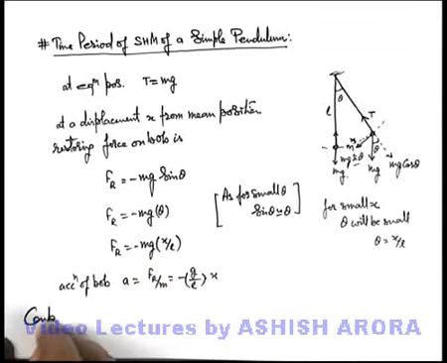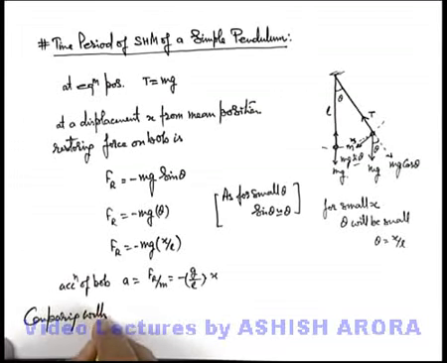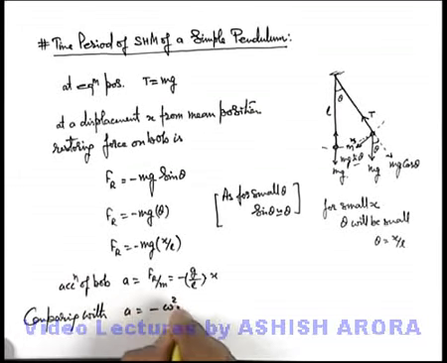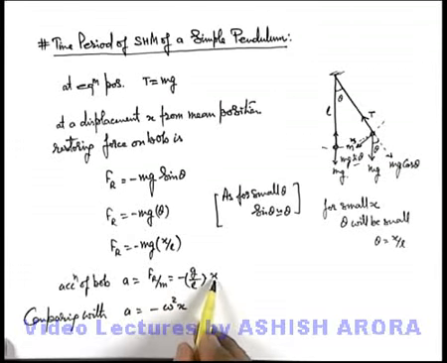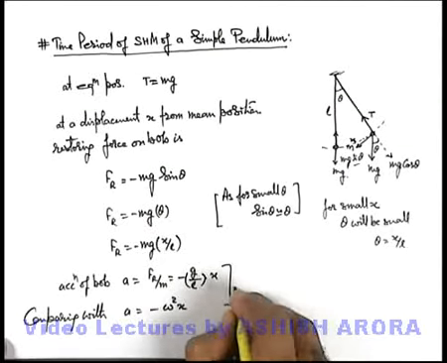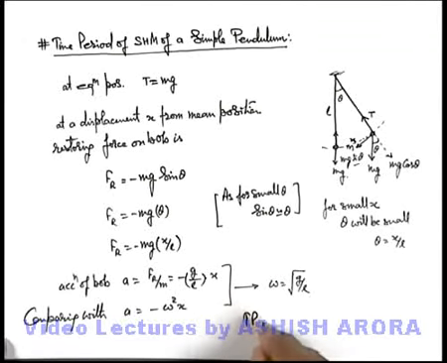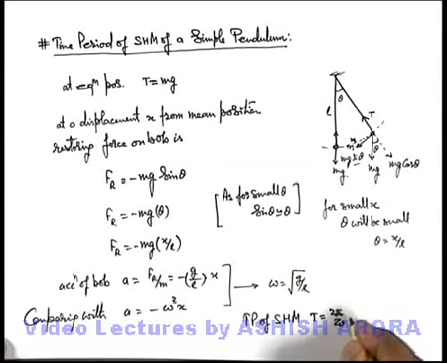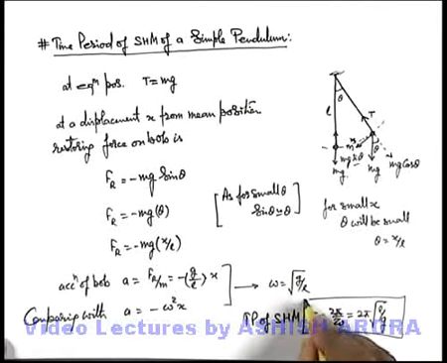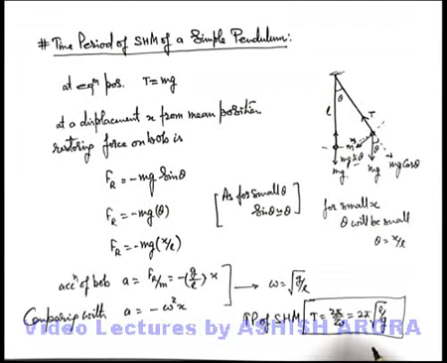Now comparing with a equals minus omega square x, because for displacement x from mean position, the acceleration will be minus omega square x, we get omega is equal to root of g by L, which is giving us time period of SHM as 2 pi by omega, which can be written as 2 pi root of L by g. This is the time period we use. I think this expression you might have studied in your early classes also.